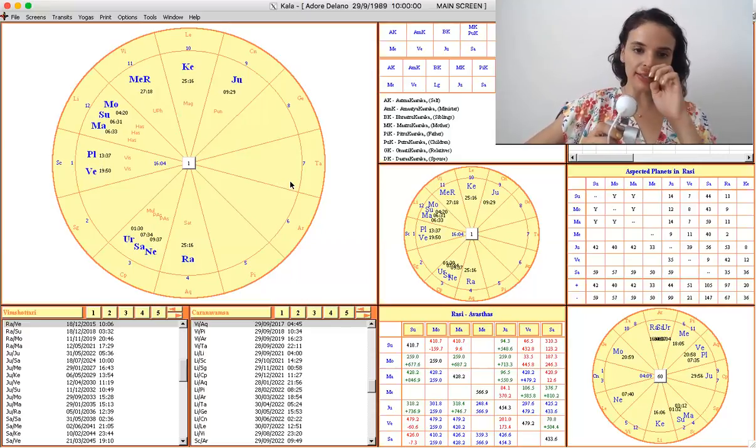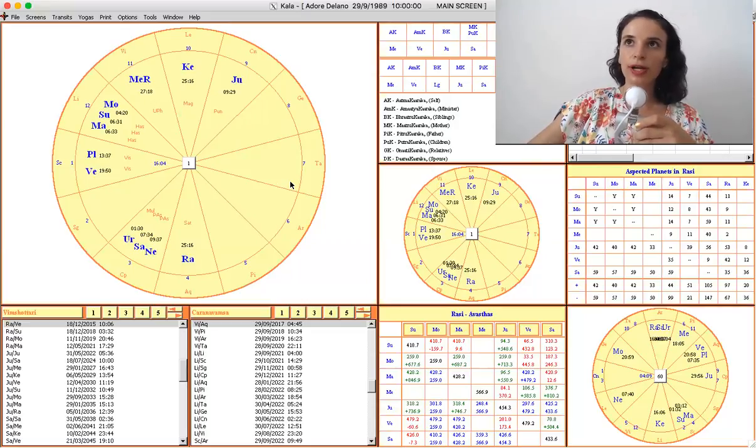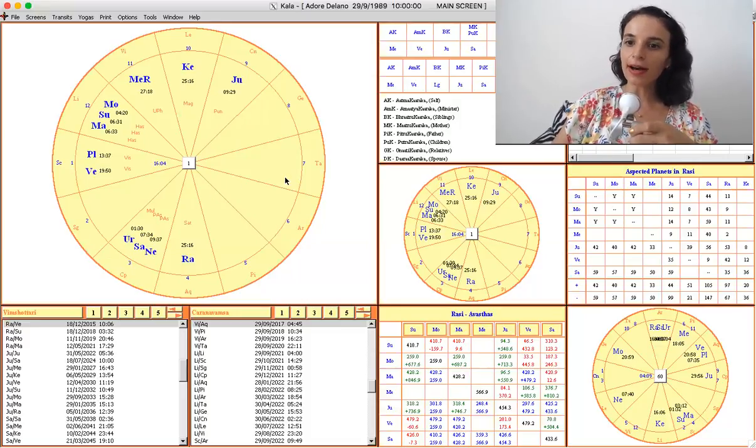It's interesting that the 7th is also a Maraka house. So it's a killer house, because foreign travel is usually stressing, and relationships with other people are also stressing. That's why the 2nd and the 7th are Maraka houses. The 2nd represents your close family, your close friends, your close environment.